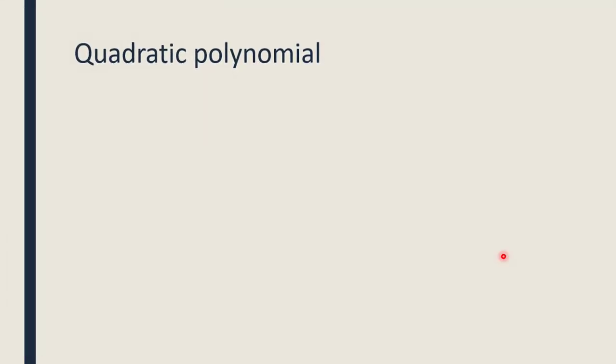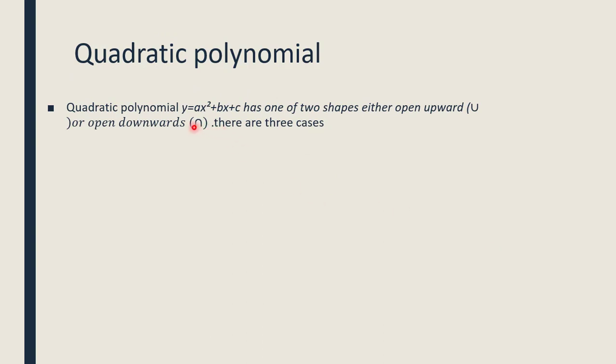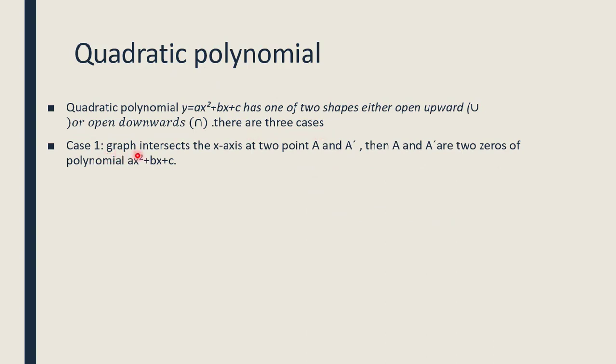Next, quadratic polynomial. The quadratic polynomial y = ax^2 + bx + c has one of two shapes, either open upward or open downward. There are three cases. First is case 1. The graph intersects the x-axis at two points A and A'.